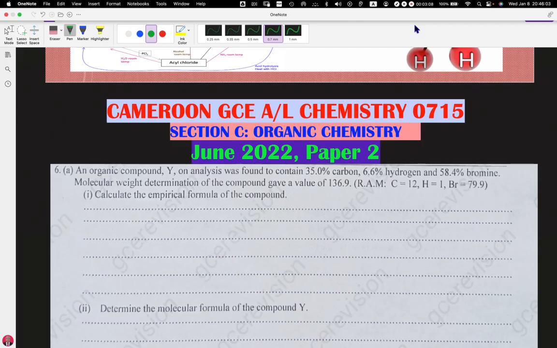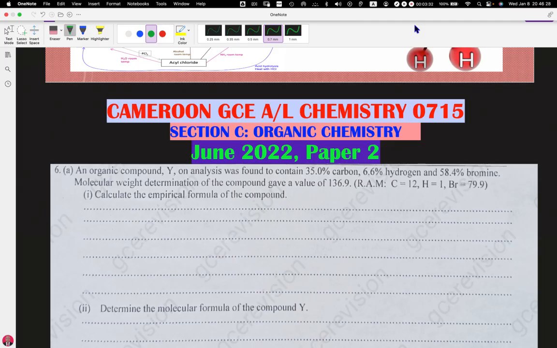In this case, we have been given the relative atomic masses, and we have been given different percentages. These are the percentage by mass of each of the elements. So we are assuming the percentages to be the masses of the different elements.